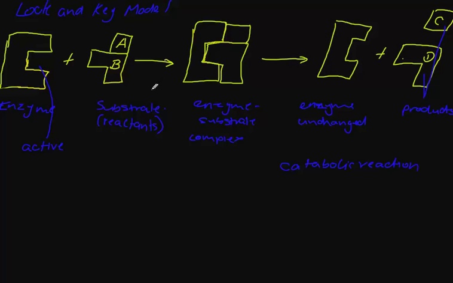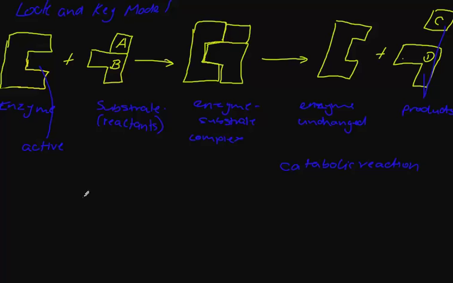If it was an anabolic reaction, we would have our reactants being simpler, looking just like these guys here, separated, and through this enzyme substrate complex, chemical reaction occurs and the products are actually more complex. So what we're demonstrating here is a catabolic reaction, and an anabolic reaction would be the opposite of it.